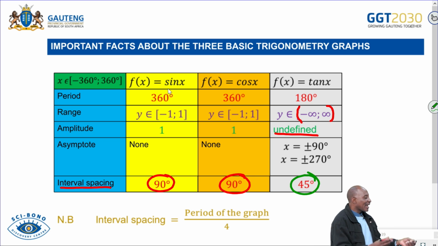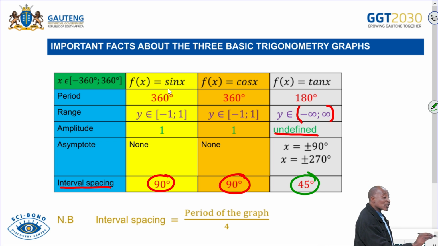How do we define the spacing when you draw or sketch these graphs? There is a formula that we use. The interval spacing, I didn't want to show you the formula earlier on because it speaks to the period of the graph. And at that time, we didn't know what is the period of our graph.